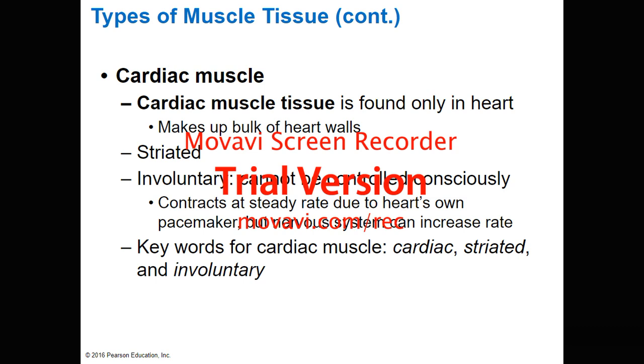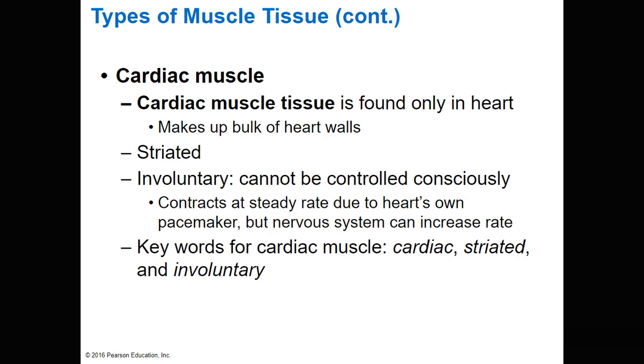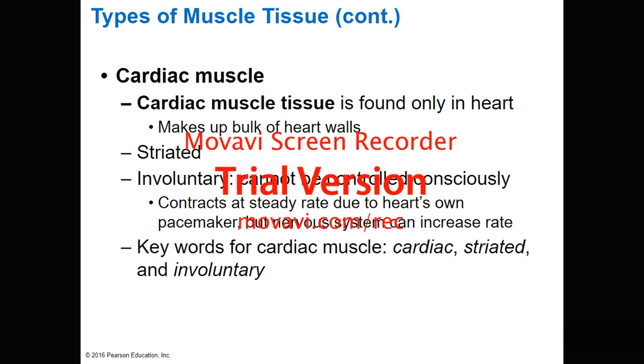But when you think about cardiac muscle, think about it's also striated, but it's involuntary. And I'll talk about how you can tell the difference between cardiac muscle and skeletal muscle because they're both striated, but cardiac muscle has intercalated discs, which you'll see when we show a figure comparing the three types of muscle tissue.